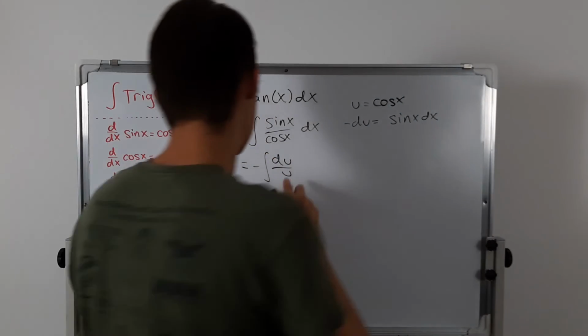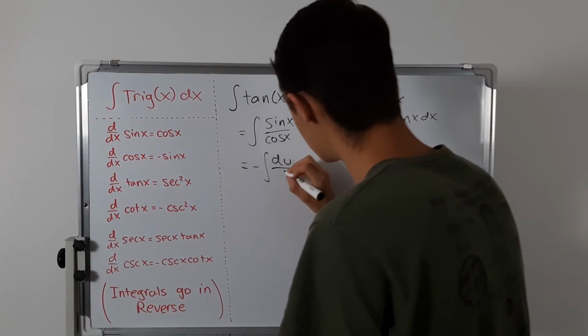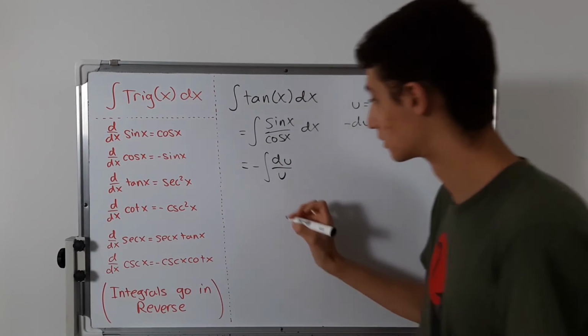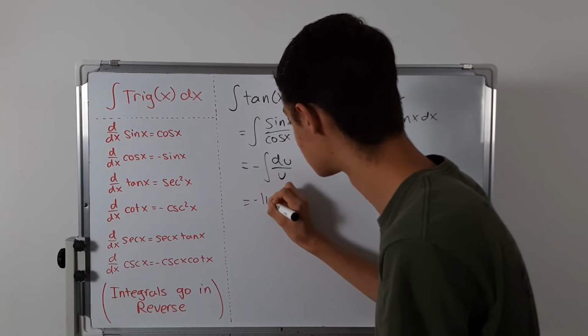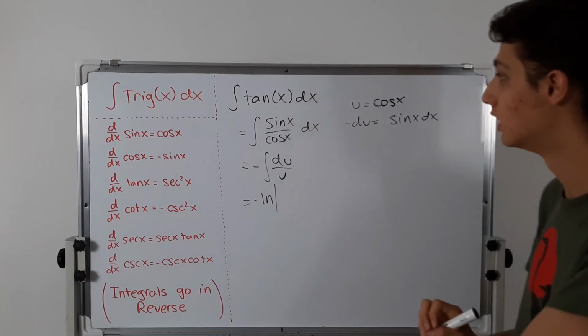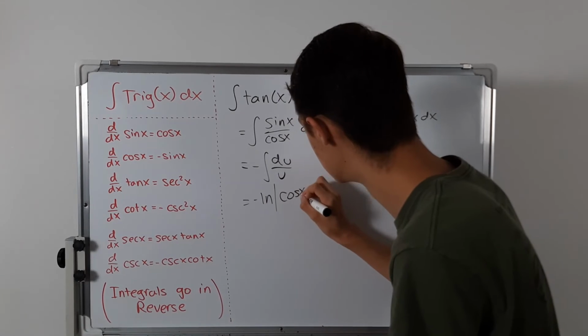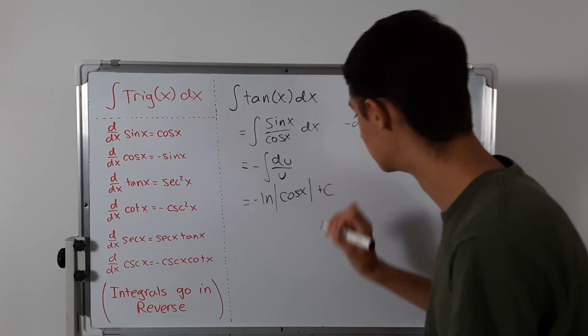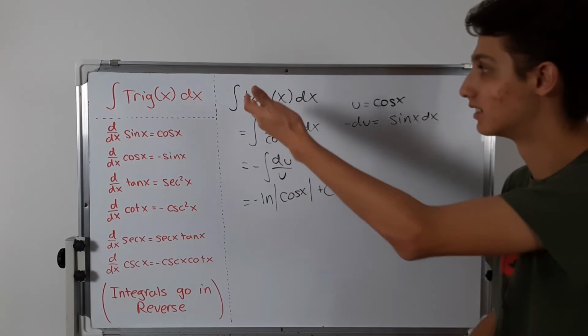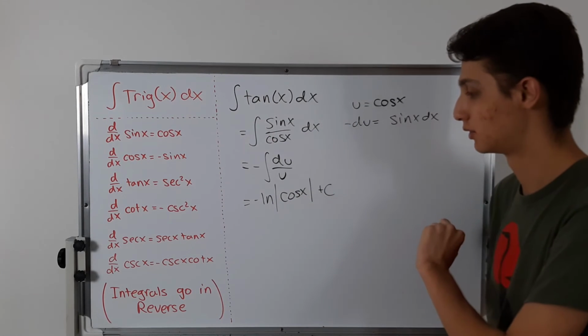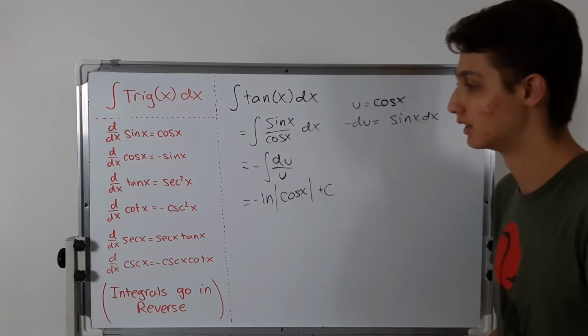That is just going to give us the natural log of the absolute value of u, which is cosine of x, plus c. And this is it. The integral of tangent of x is negative ln of the absolute value of cosine of x plus c.